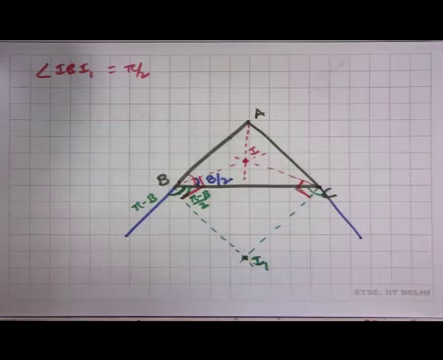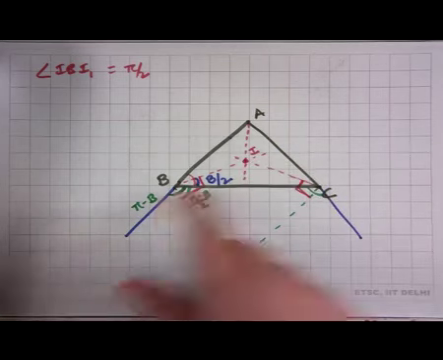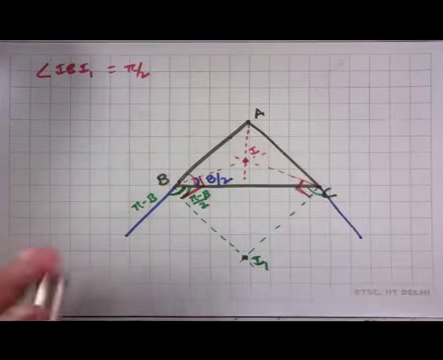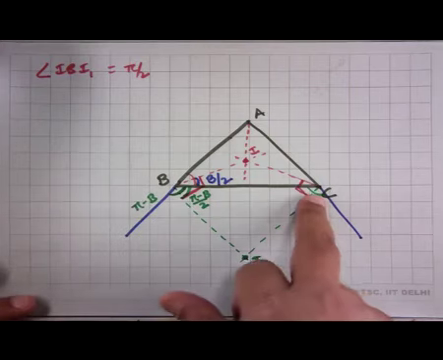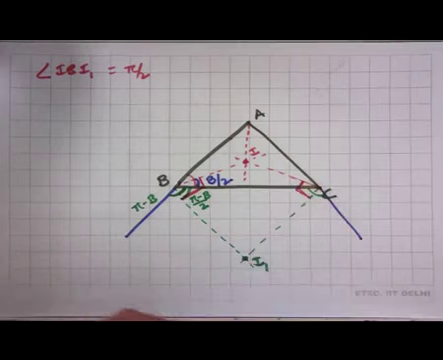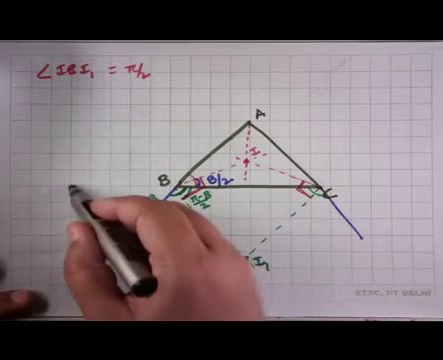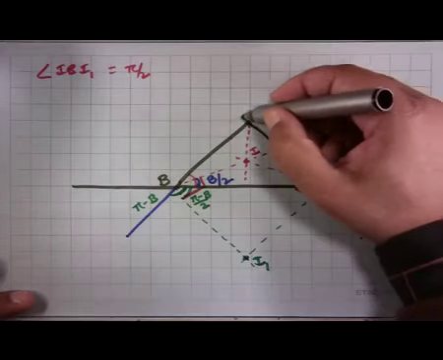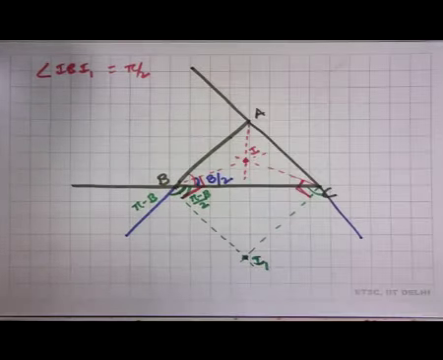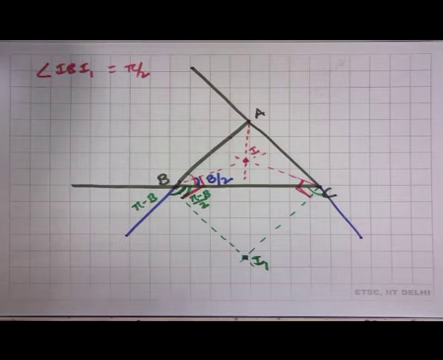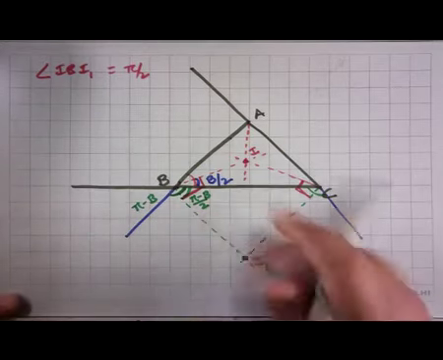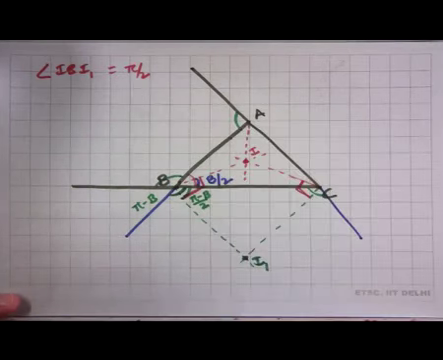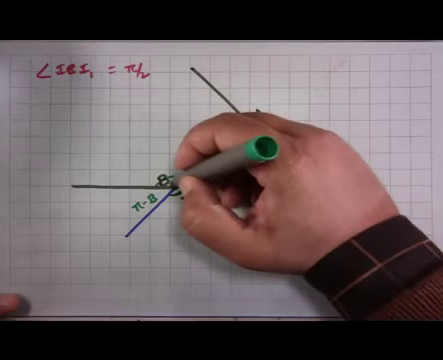In a similar manner, just as we did for the ascribed circle opposite to angle A, we can also construct the ascribed circle opposite to this angle C. For that we just have to extend this side CB further and also the side CA further, and then just like what we did here, we have to consider these two external angles and make the angular bisectors.